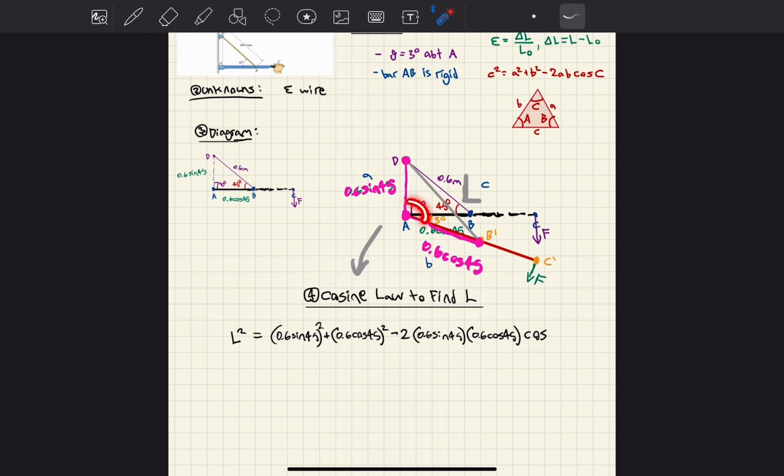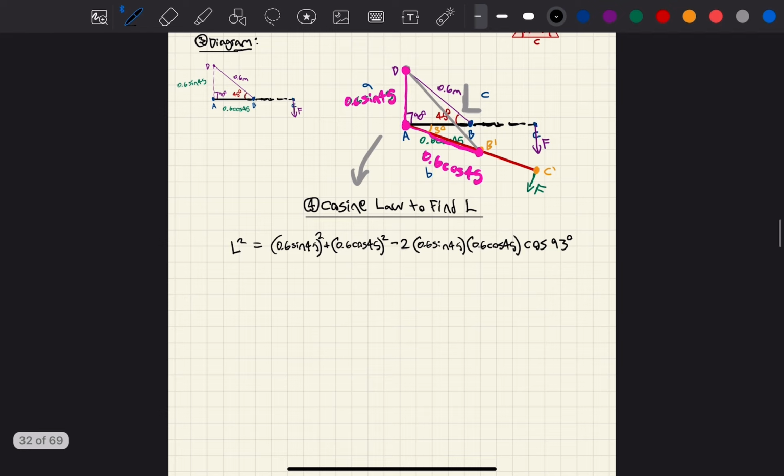Again, it's this inner angle. It's 90 plus 3, so 93. If you do this calculation, you're going to get that L is equal to 0.6155 meters.